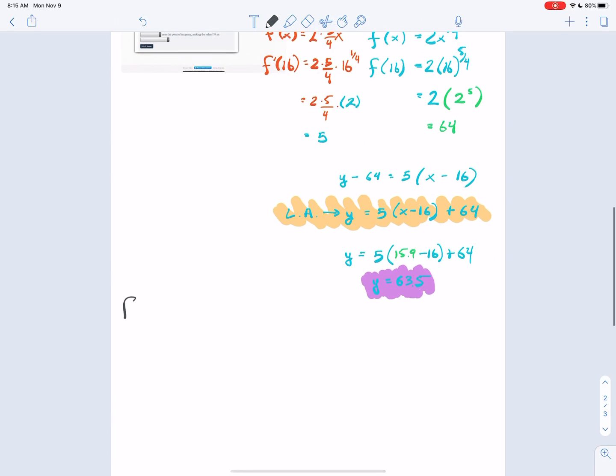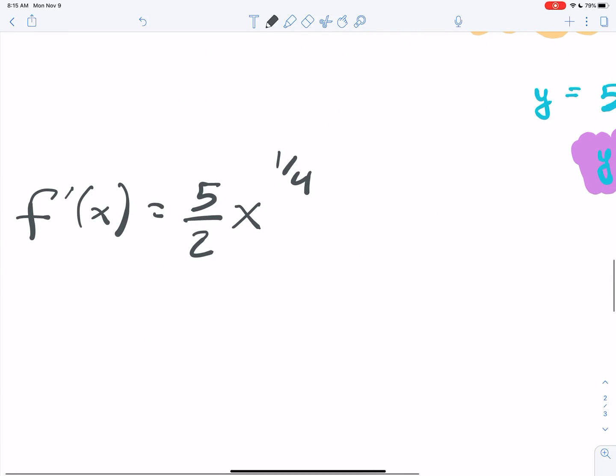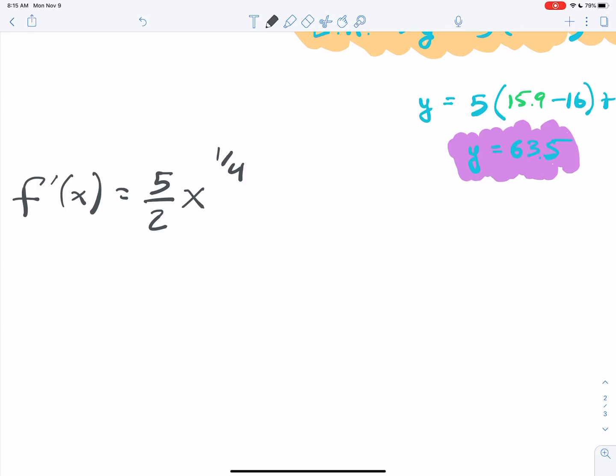So our first derivative is, if I reduce that, 5 halves x to the 1/4. I just got that right here, you guys, but I simplified the 2 and the 4. Okay, so now that I have my first derivative, I'm going to go ahead and find the second derivative. Press play whenever you're ready, but try this out on your own.